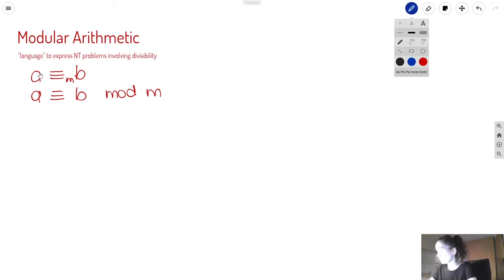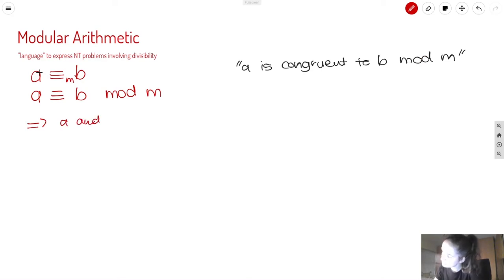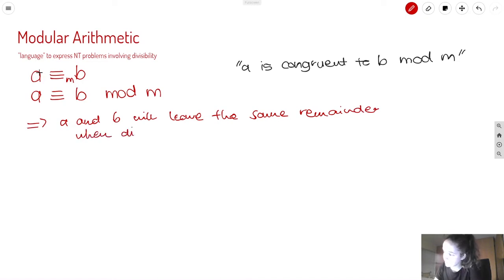So how this would be read is A is congruent to B mod M or modulo M. What this would mean is A and B will leave the same remainder when divided by M.